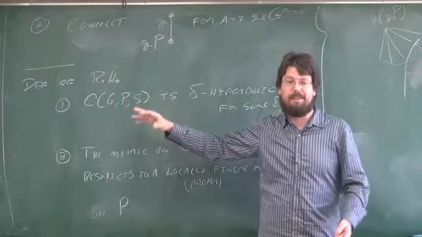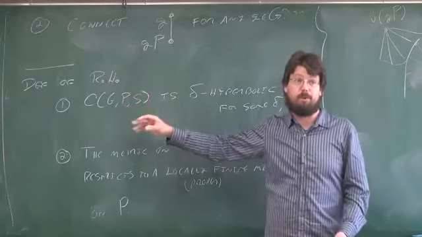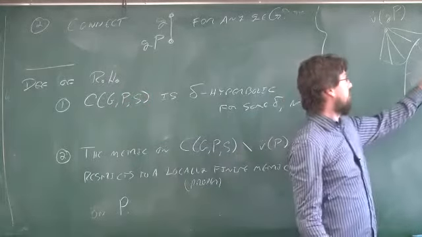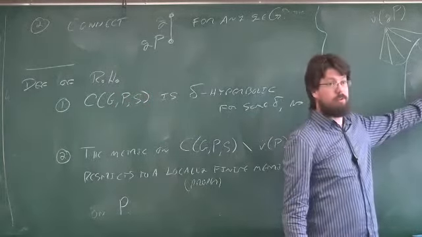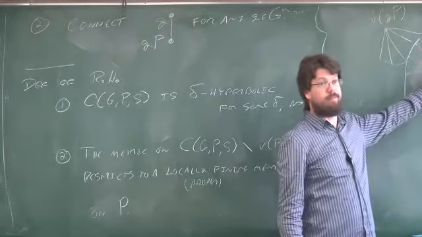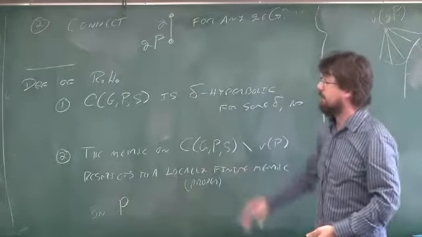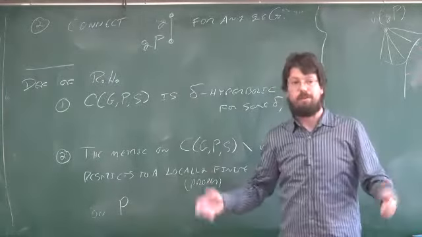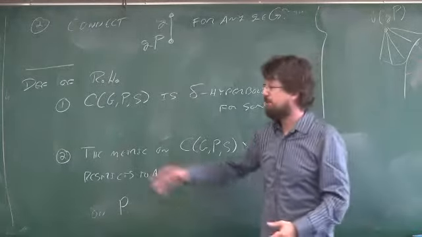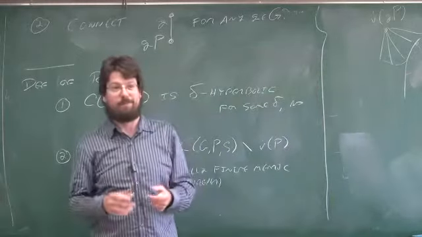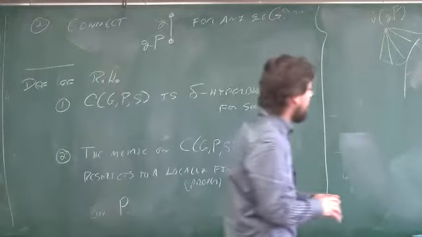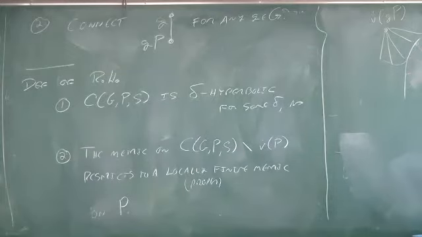And the group doesn't act properly on it anymore either, because P is probably this infinite group, and it's all going to fix this point. So the action is no longer proper. So yeah, it's a very different space, but they're closely related. Bowditch tells you how to get between them in a kind of cute way.